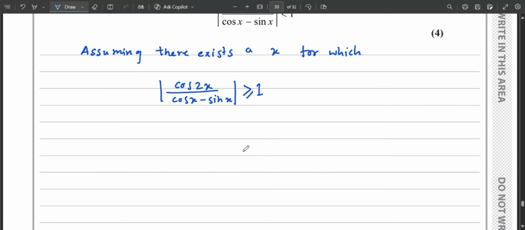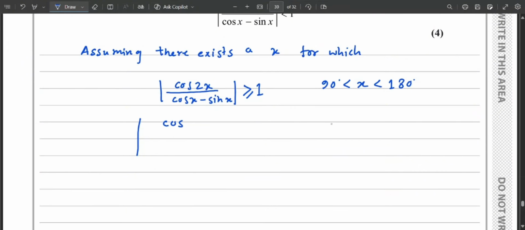We are assuming that there exists a value of x in our range, greater than 90 but less than 180, that will make our expression greater than or equal to 1. We can simplify our equation.